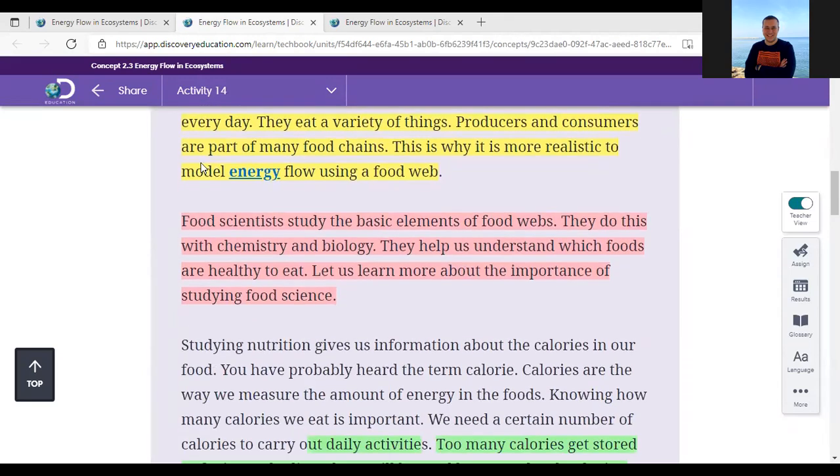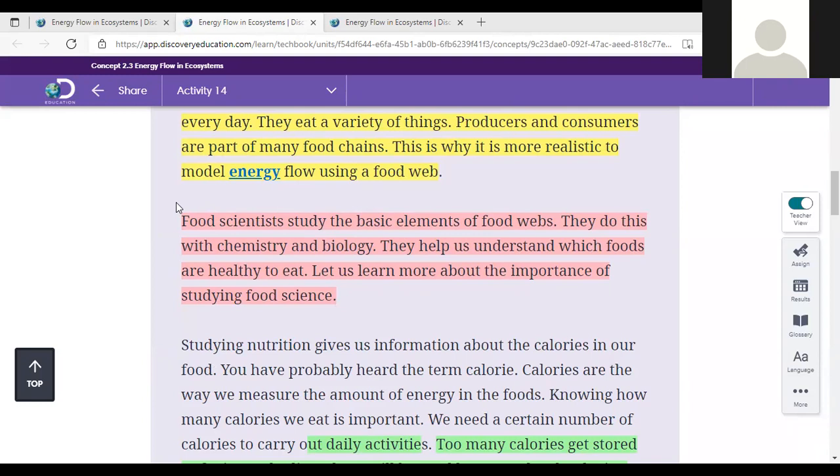Thank you. Ziad, the next paragraph. Food scientists study about the basic elements of food webs. They did this with chemistry and biology. They help us understand which food are healthy to eat.